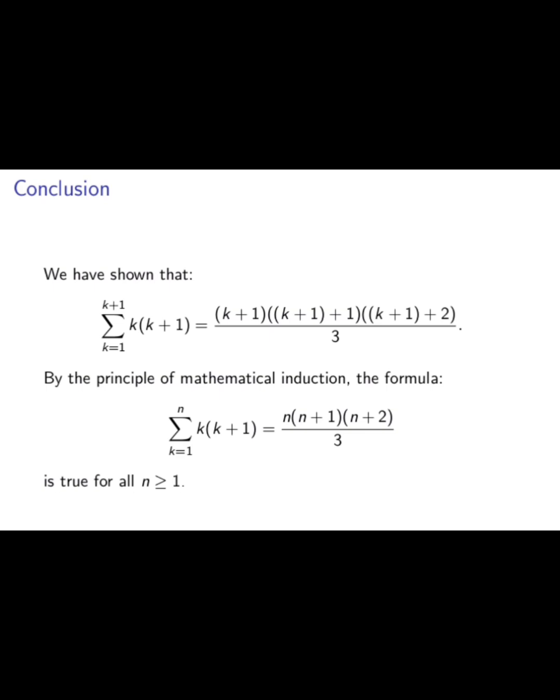And don't forget, by the principle of mathematical induction, n is equal to k plus 1. Are you getting it? When you substitute the value for n to be k plus 1, you have your final answer. So we have successfully proven that the left hand side is equal to the right hand side.